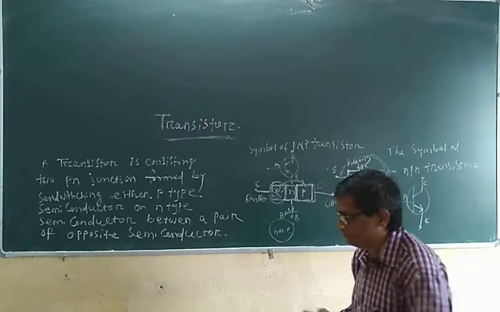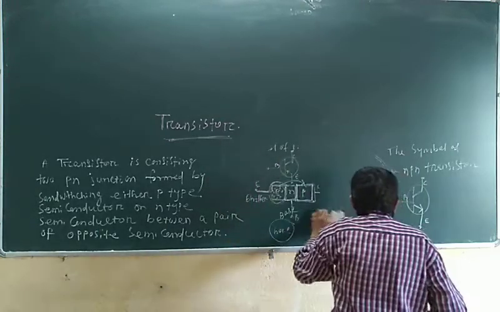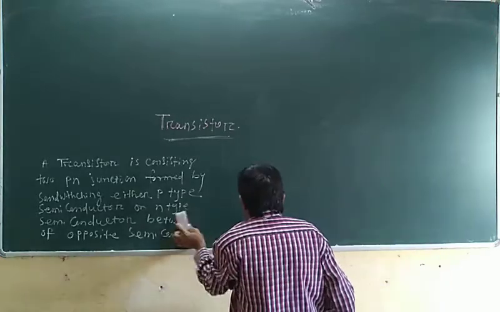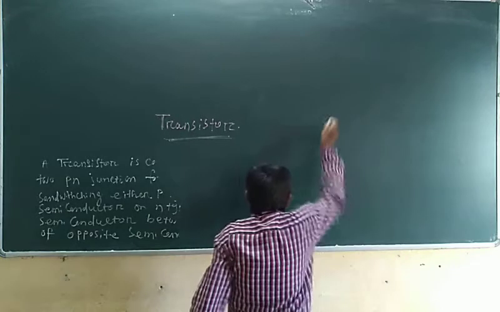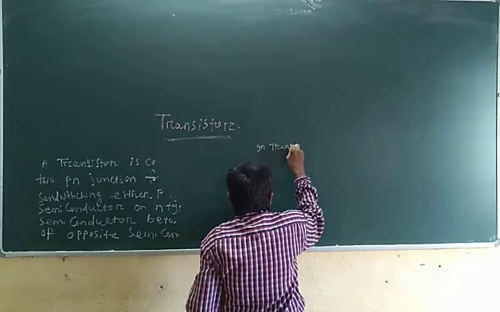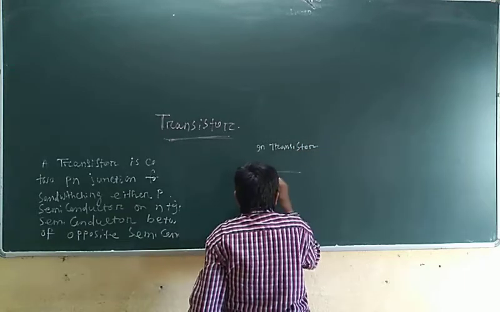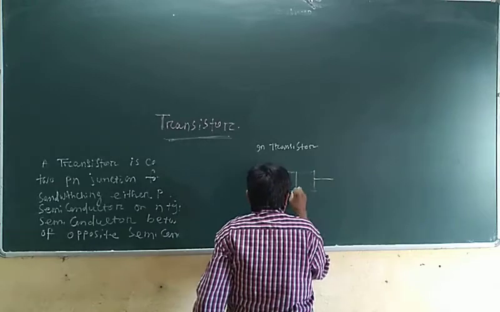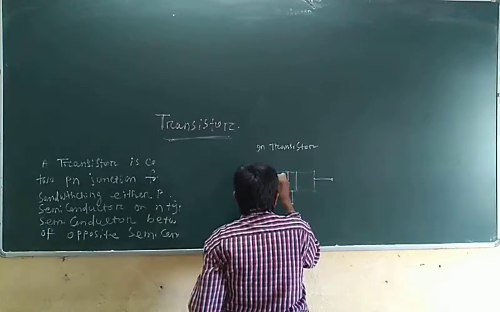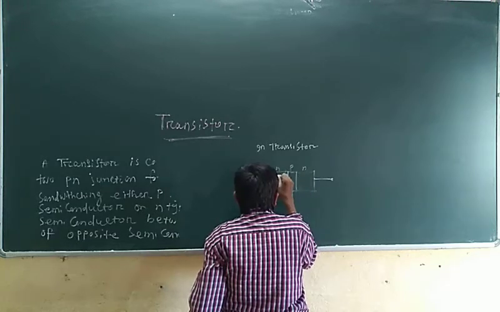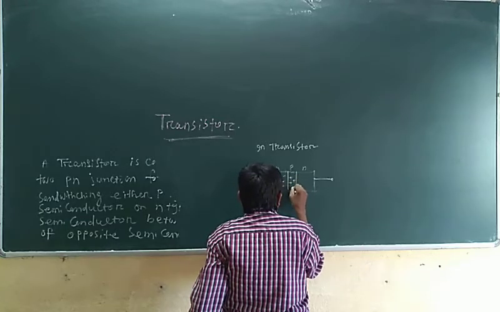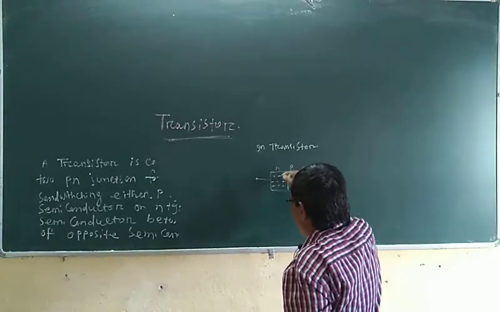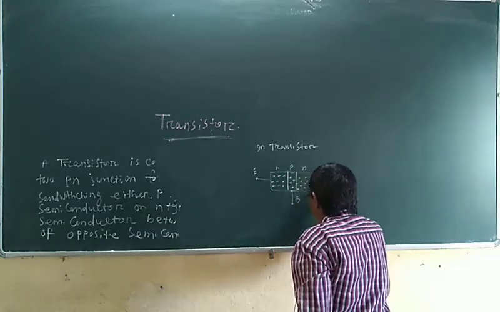Now again, in a transistor, this is the NPN transistor, this is the emitter point, and this is the base point and the collector point.